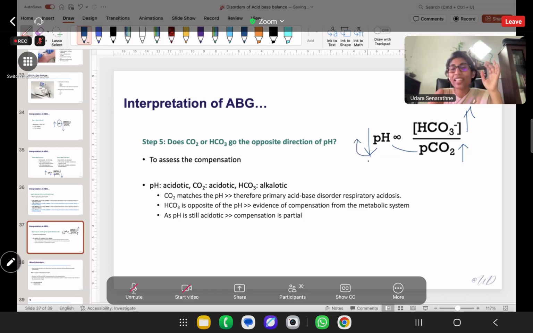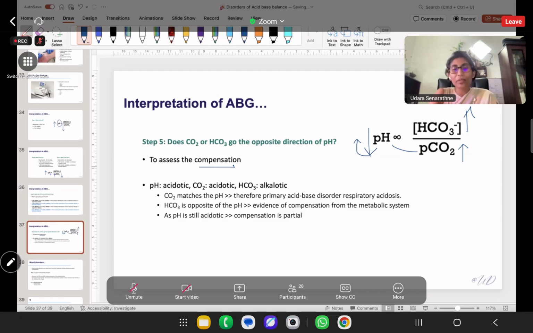So if the pH is decreasing, it has to come back to normal, and to bring it up, your bicarbonate needs to be increasing. So you need to look at the other component, whether it is going in the opposite direction to the pH, to see if there is any compensation. If it is going in the opposite direction, even if the pH has not come to the normal level, then there is some compensation.